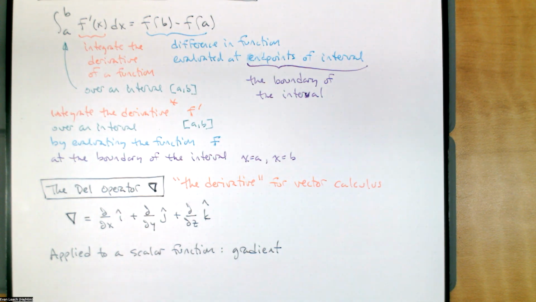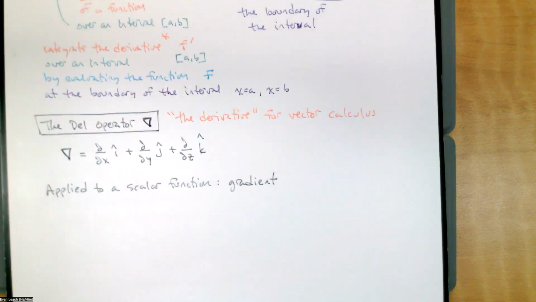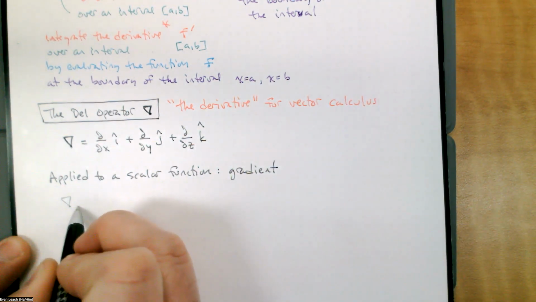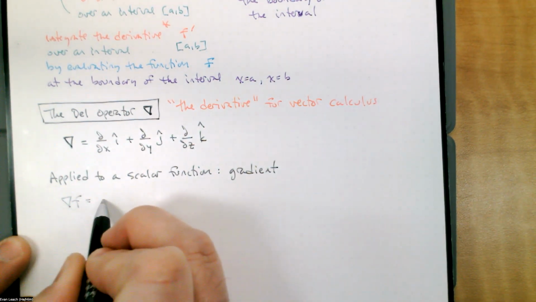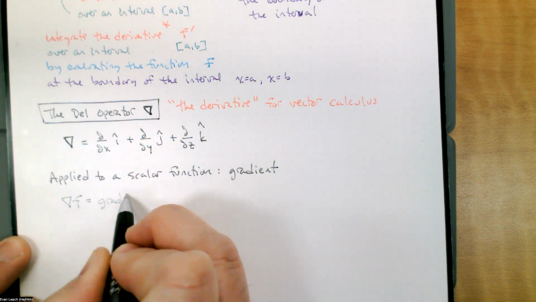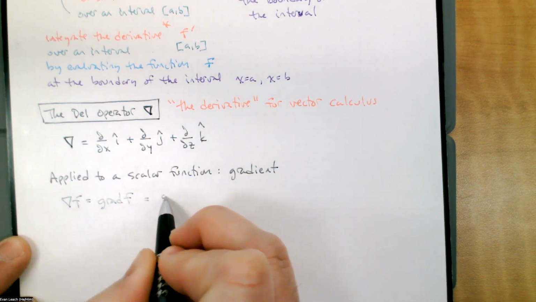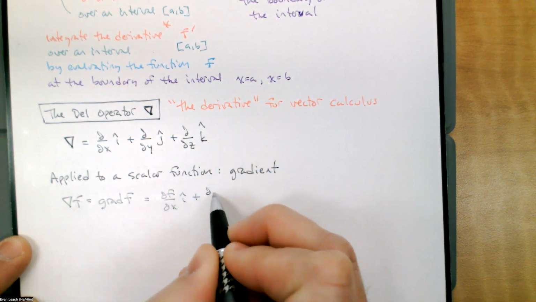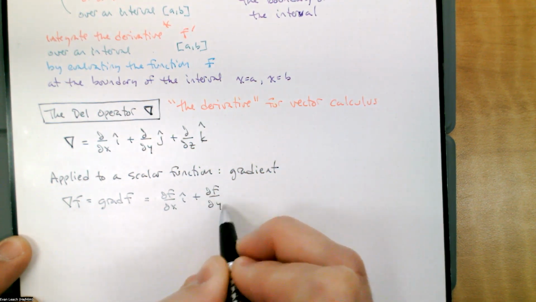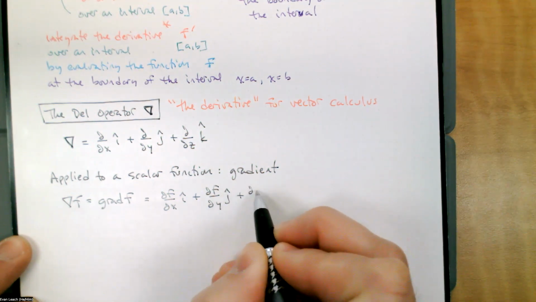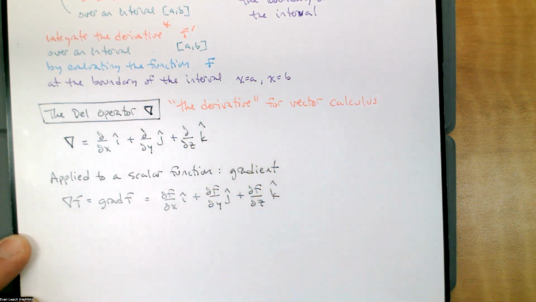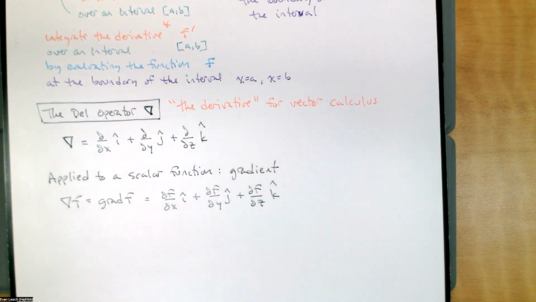So del f is the gradient of f. That's the partial of f with respect to x i, plus the partial of f with respect to y j, plus the partial of f with respect to z k. That's just the gradient of f.